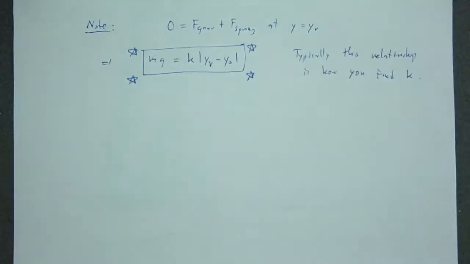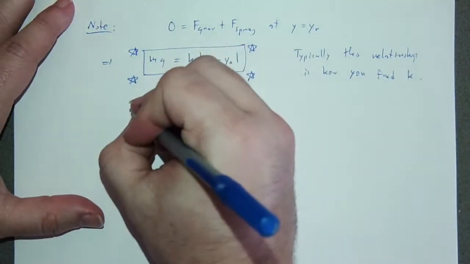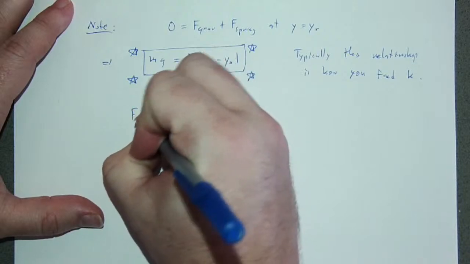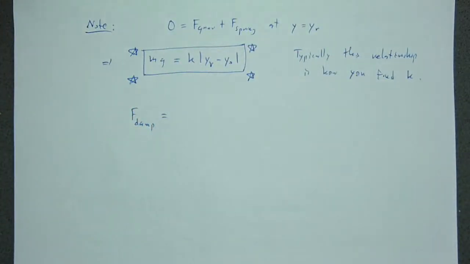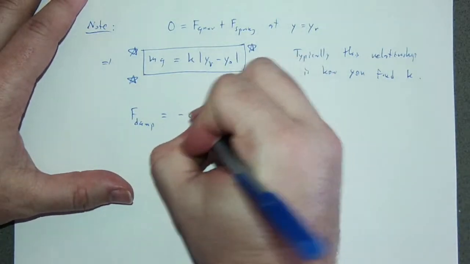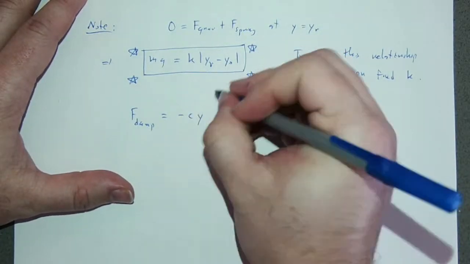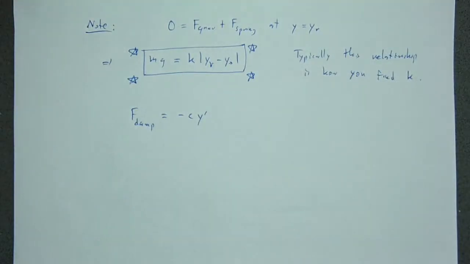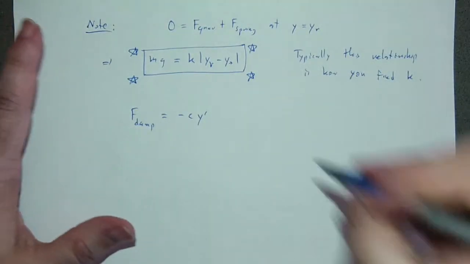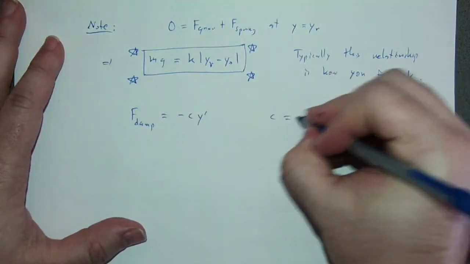We have another force to talk about, actually a couple more. There's the damping force. The damping force is typically modeled as minus c, some constant, times y prime. This c is called the damping coefficient.